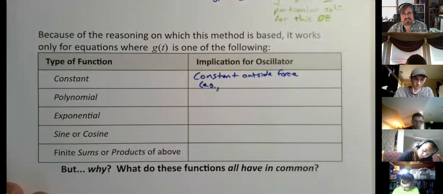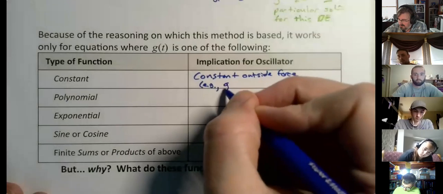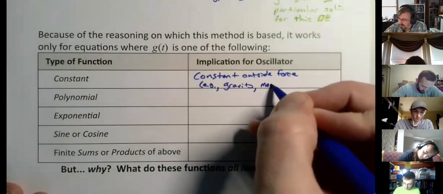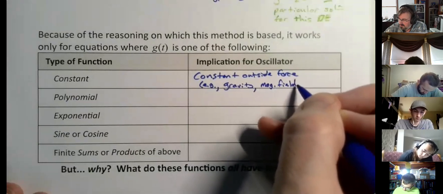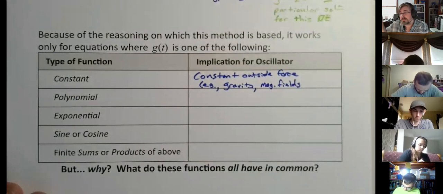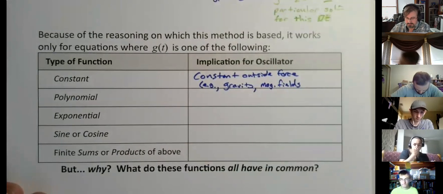What's the constant outside force acting on us right now? Gravity. Yay! Gravity. Magnetic fields. Electric fields. I mean, these are all examples of things that are just in the background. It's always there, right?